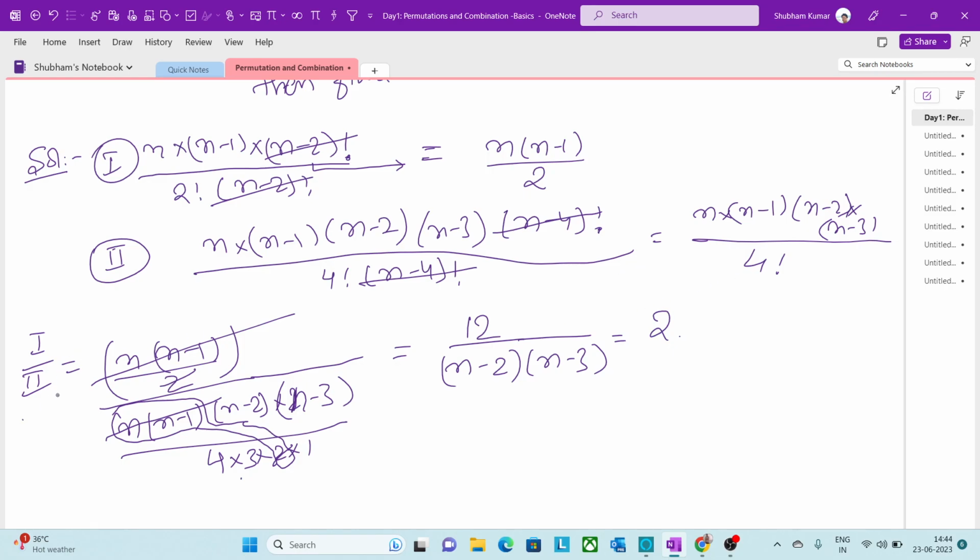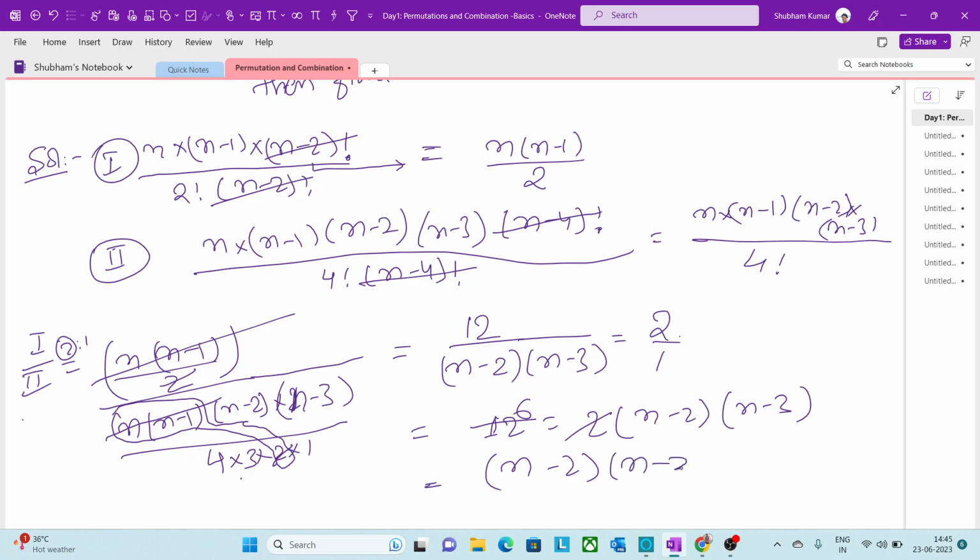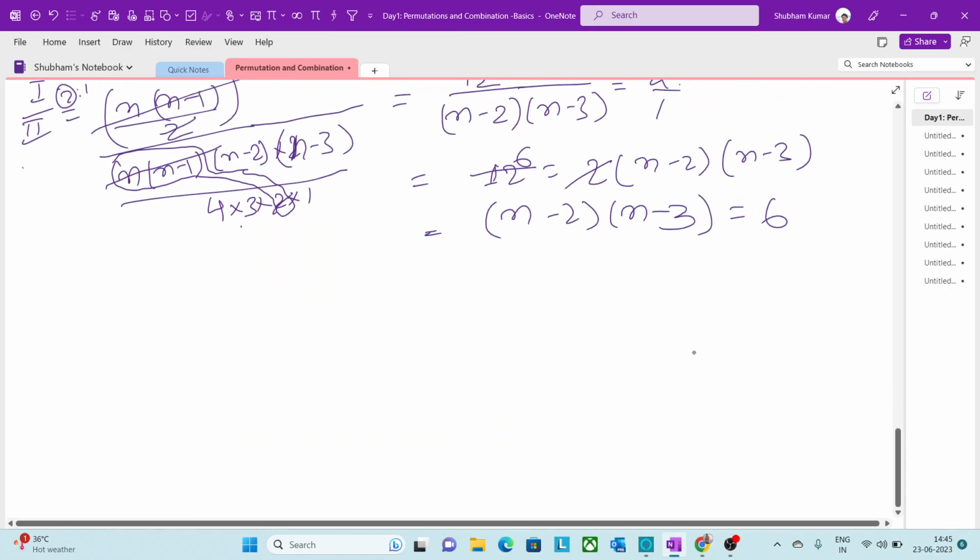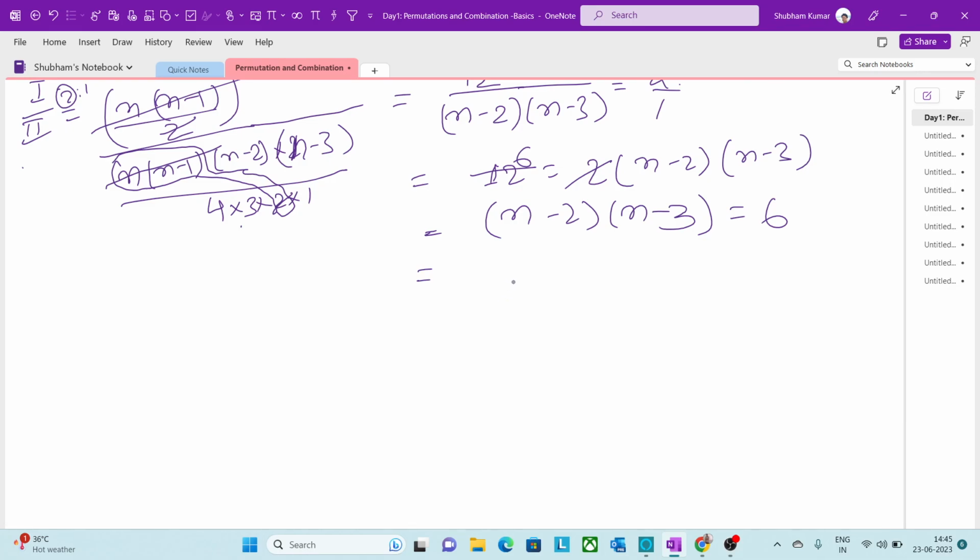And this is nothing but 2 from the question. So 1 by 2 is in the ratio of 2 is to 1, so this is nothing but 2 divided by 1. Solving this would be 2 into n minus 2 into n minus 3, which is 6 basically. On solving, this is a quadratic equation, right?